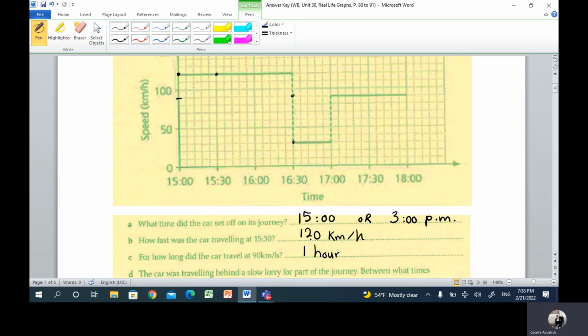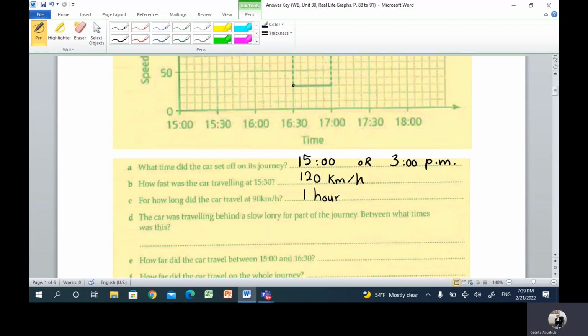As you can see here, it was traveling from 15 to 16:30 at a constant speed, and from 16:30 to 17 the car was slowing down.